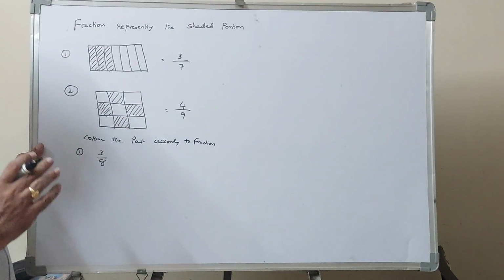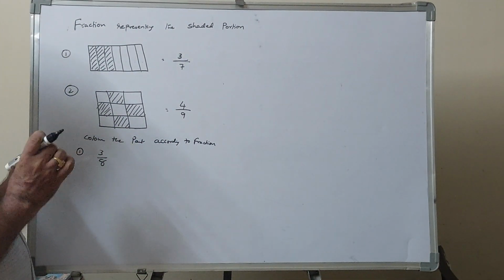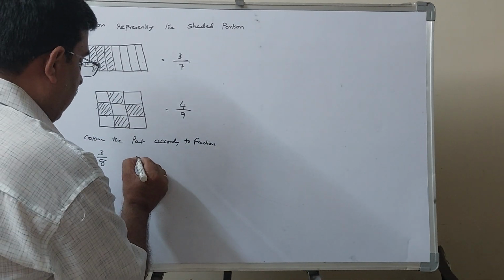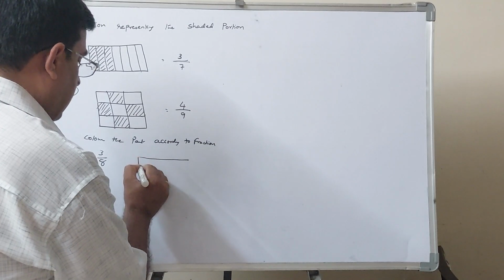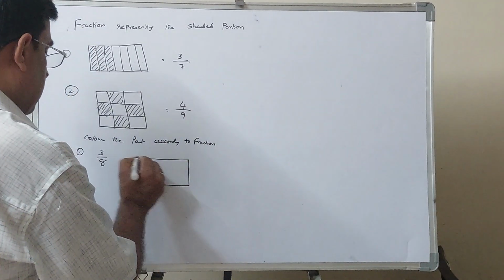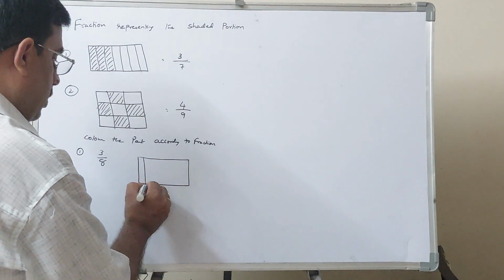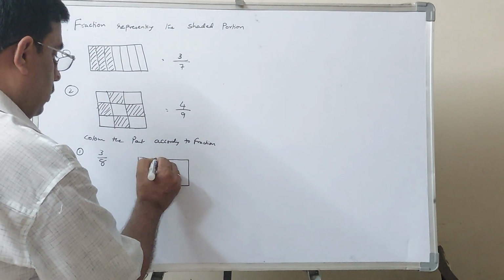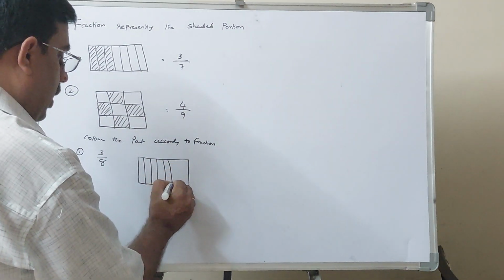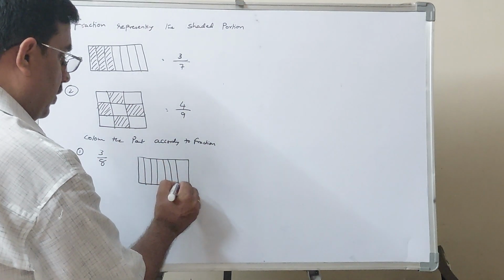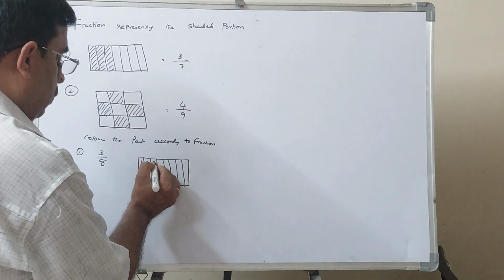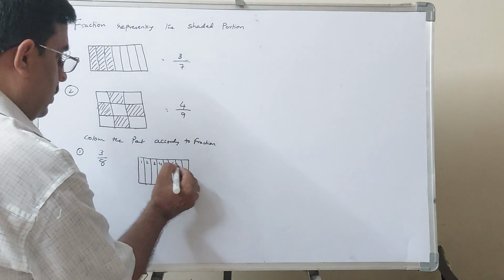But you have to make exactly 8 equal parts, and you have to shade 3 parts. That is the way you have to do it. So you see, I have taken the rectangle here. This is 8 parts. This is 1, 2, 3, 4, 5, 6, 7, 8.